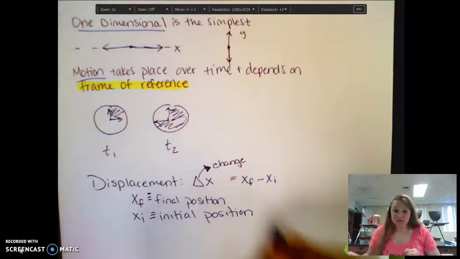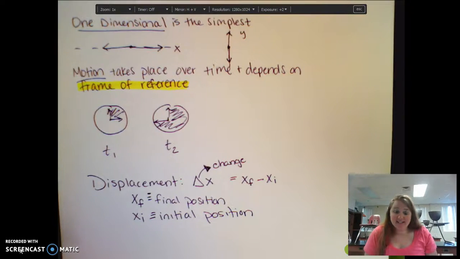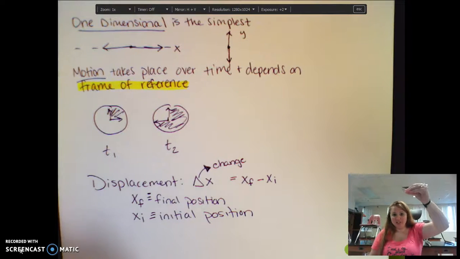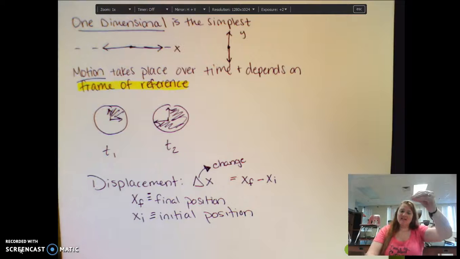This is assuming that we are moving along the x-axis. Now it's very easy to then translate. Let's say we're moving along the y-axis. Our displacement would be the change in our y. So we would have YF, our final vertical position, minus our initial vertical position.